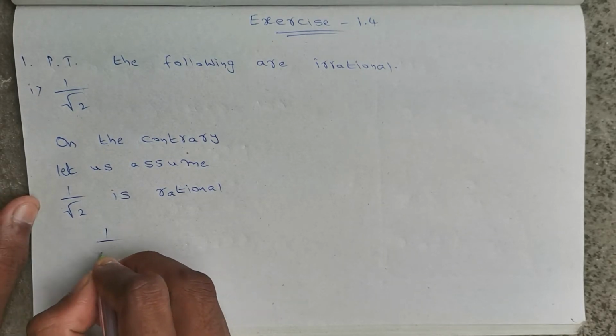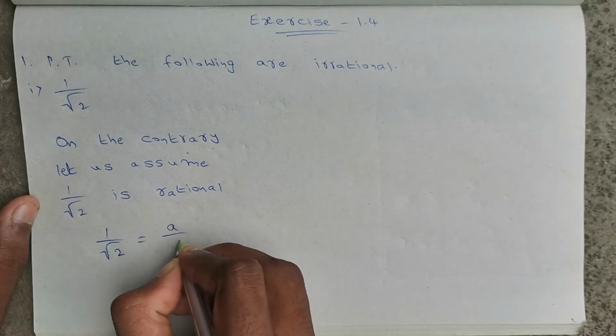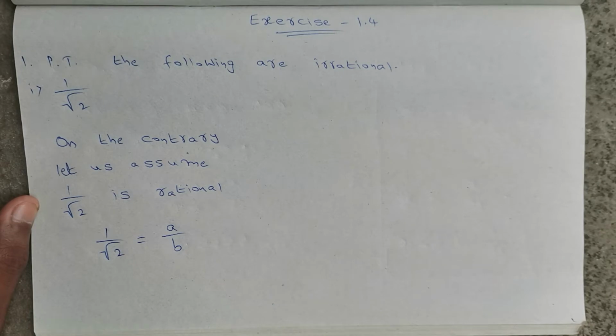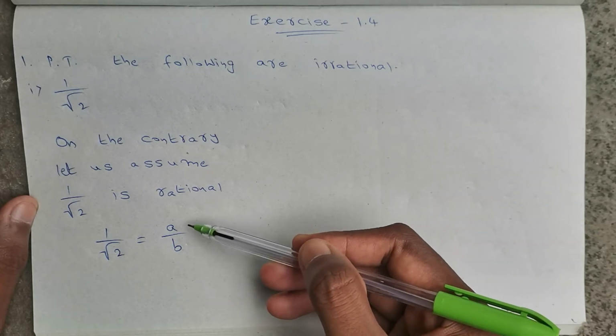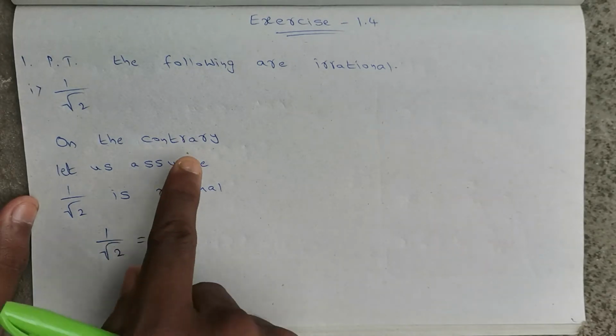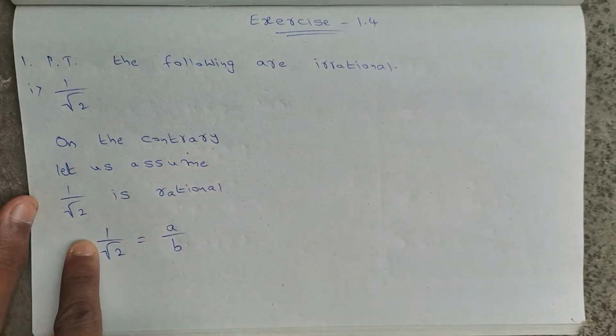So, if 1 by root 2 is rational, it can be written in the form of a by b. Actually, we will represent rational as p by q form, but our textbook is following a by b form only. So that's why here also we are writing a by b only.